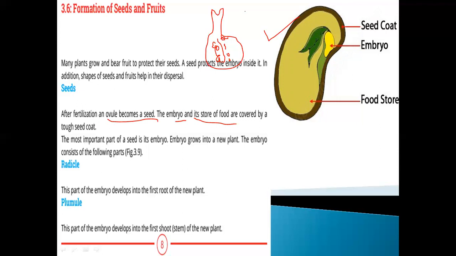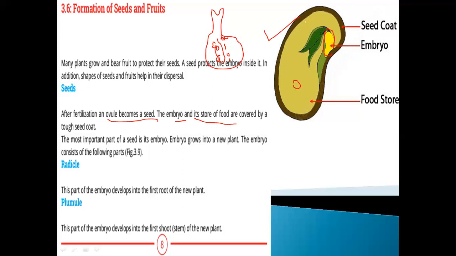Inside, where the fertilization is done, one cell has become an embryo and the other cell has become this food store. This stored food is used by this embryo for further development.